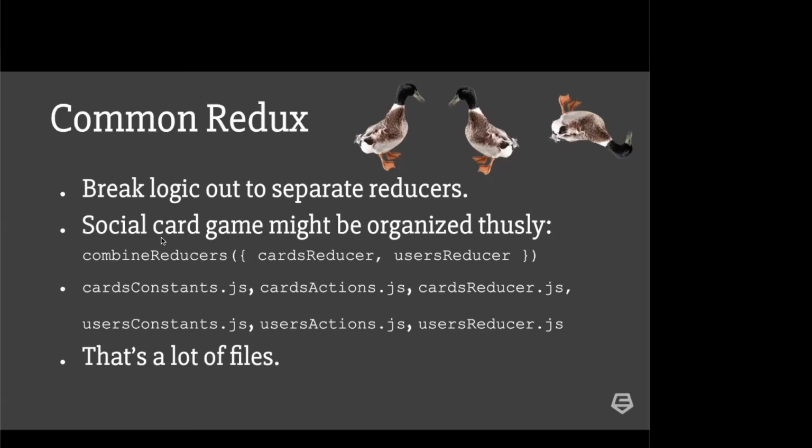And this ends up creating a pattern where for any reducer, you're going to have at least 3 files, right? A constants file where the action names, which are just strings, are created. Those are consumed by an actions file where you're declaring your action creators. And then the constants file is also consumed by the reducer file where you declare your reducer, switch over the action names, et cetera.